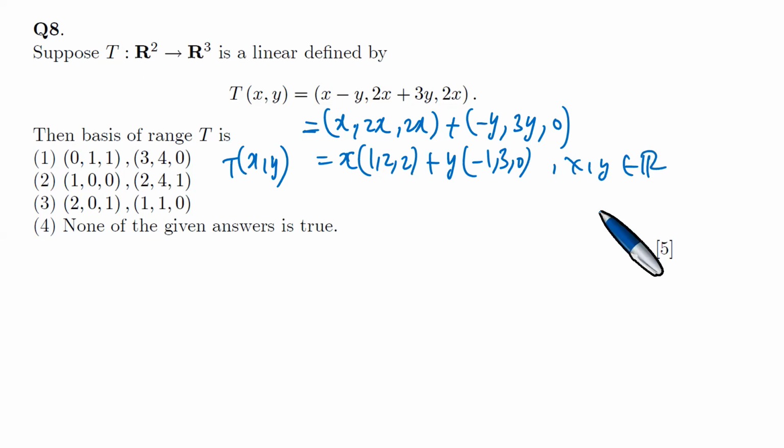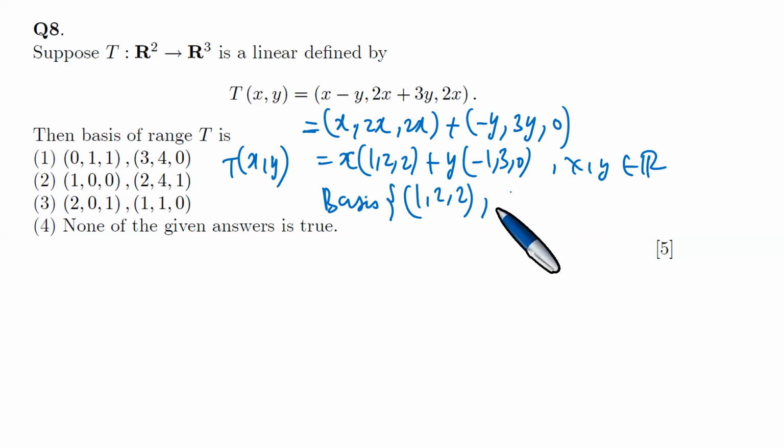So the basis for the range would have to be that: 1, 2, 2 and minus 1, 3, 0. Just picking these vectors there. It appears that is none of those, so the correct answer is none of those.